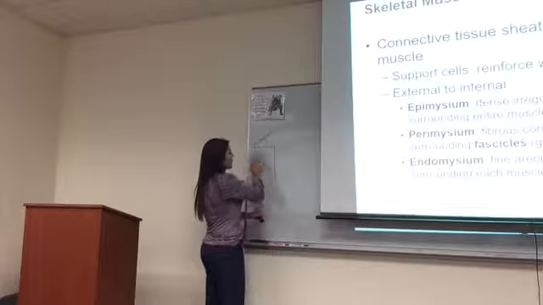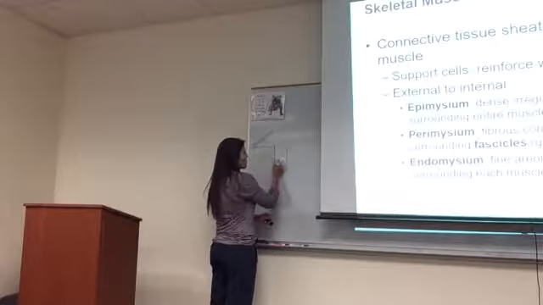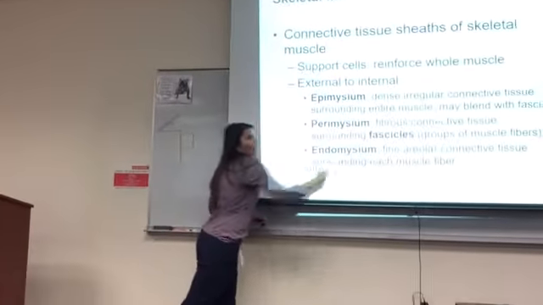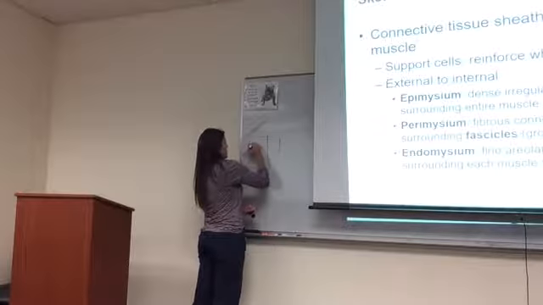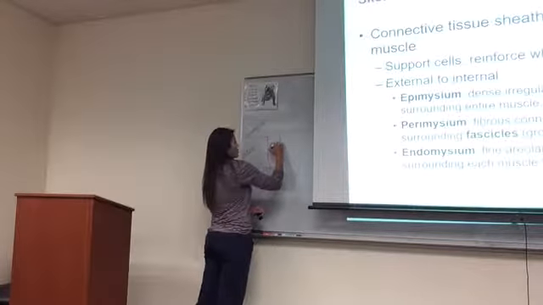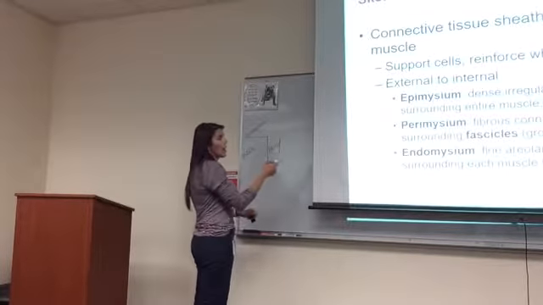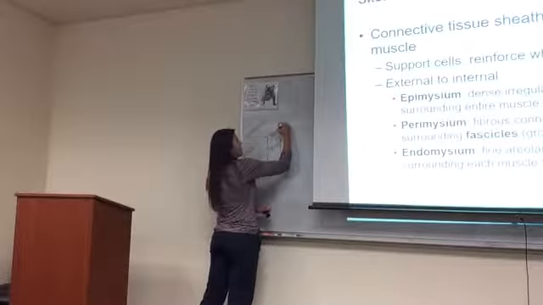So here is our gross muscle. Every muscle is made up of small segments called fascicles. So fascicles are right here. Here's a muscle. Here's a fascicle. I think I spelled that wrong, but whatever. And the fascicles are covered by the perimysium.